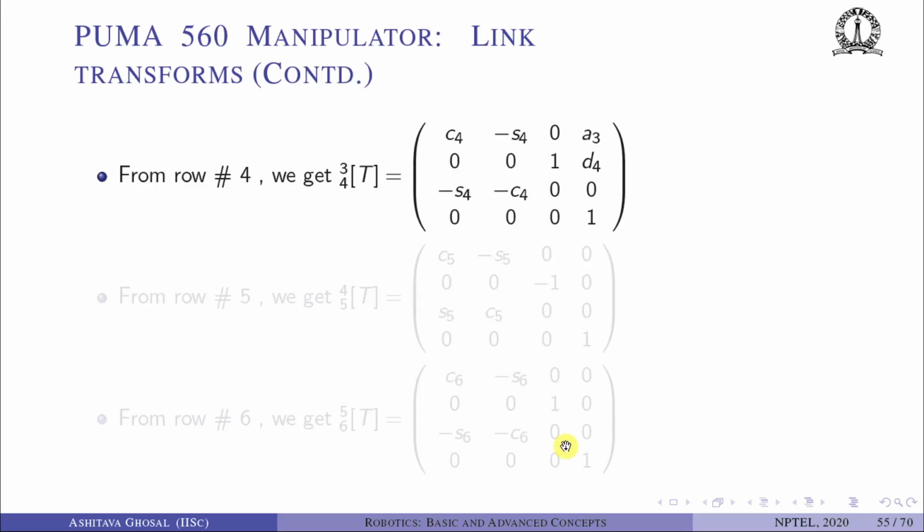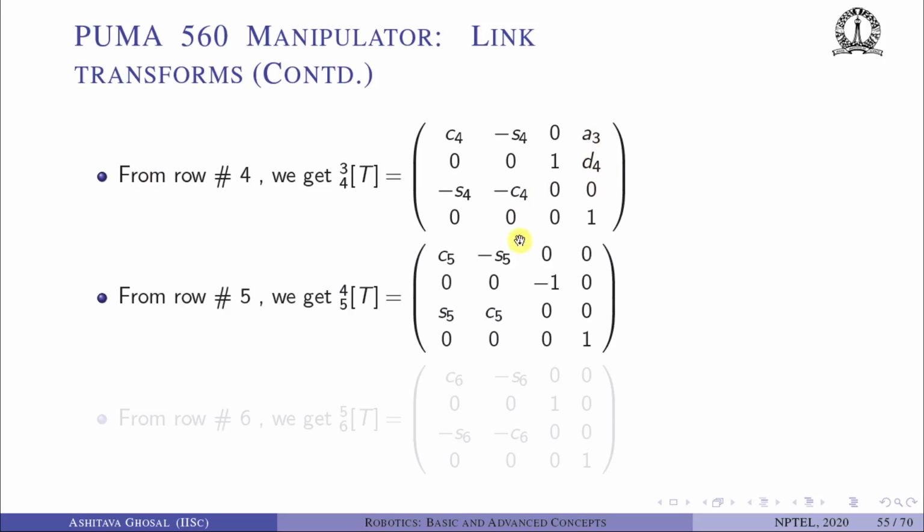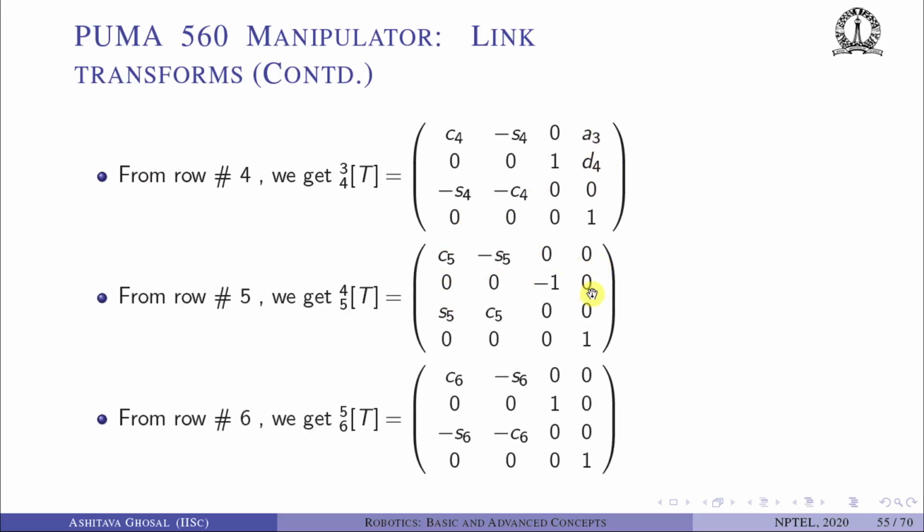For row 5, we get 3, 4, T. It's a function of theta 4, and also this link length A3 and this link offset D4 will show up. And for 5, we have theta 5, and there is no link length or offset. And finally for 6, it's a function of theta 6.